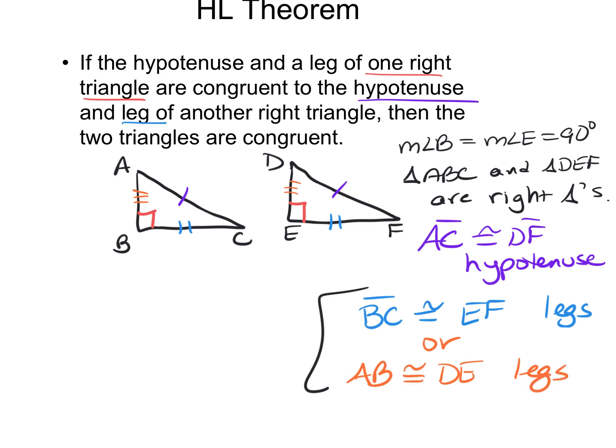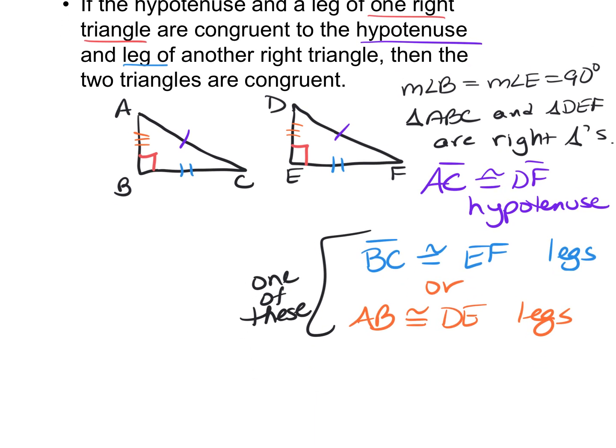So you only needed one of these to establish that triangle ABC is congruent to triangle DEF by using hypotenuse leg.